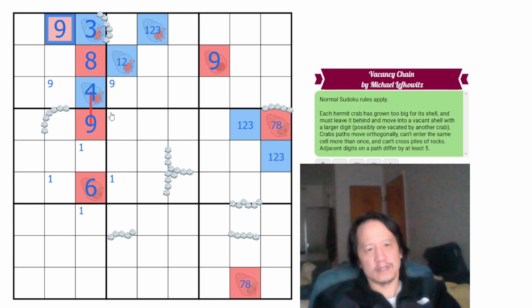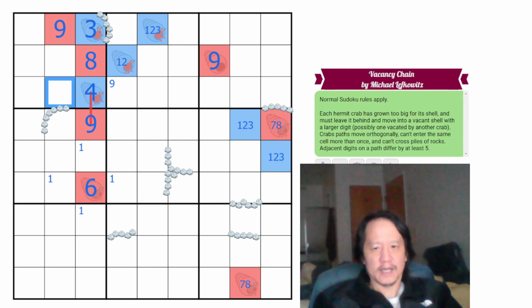So this is 8, this is 9. So this cannot be the 9, which means this has to be 9. So it has to exit out this way. This, either way, this has to exit out this way. So therefore, this is high, and this has to, actually, it has to be low.